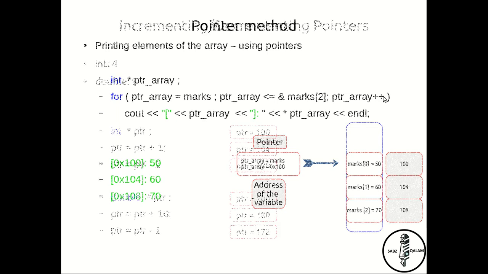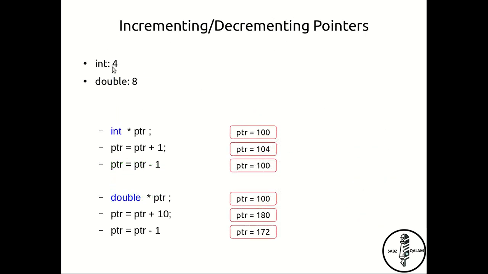Now the principal component here is this incrementing. So let's see what that means. An integer has the size of 4 bytes. Remember, there's a function sizeof, whereas a double has a size of 8 bytes.